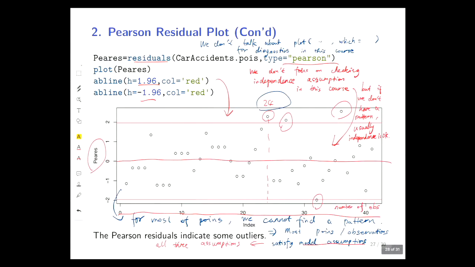So in conclusion, by using this plot, we can do two things. The first is to check whether or not some observations are outliers. The second is to check whether or not most of the points satisfy all three conditions. So that's the Pearson residual plot.